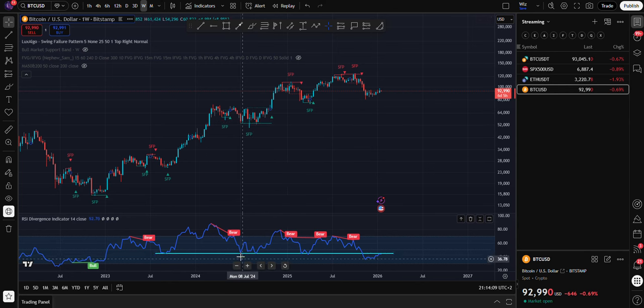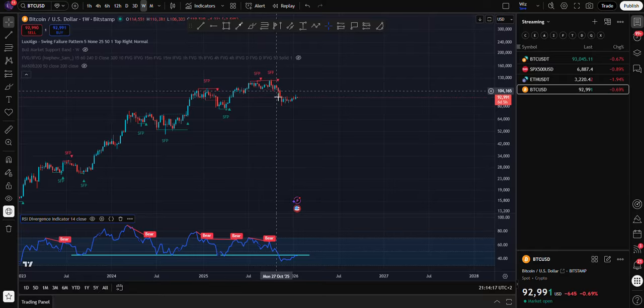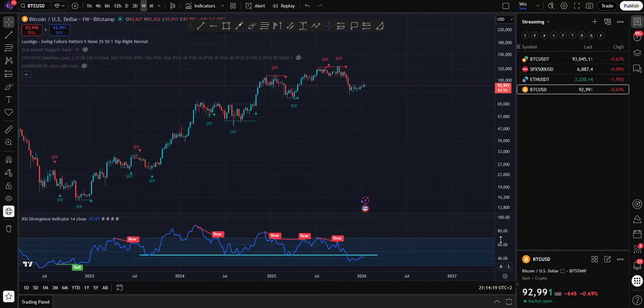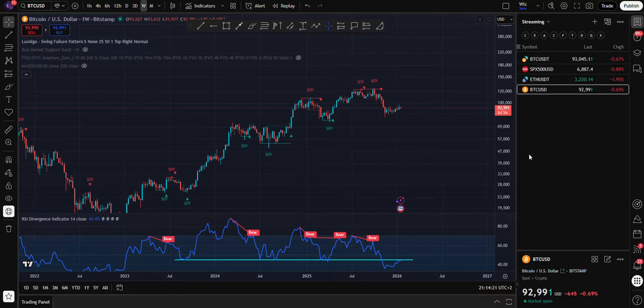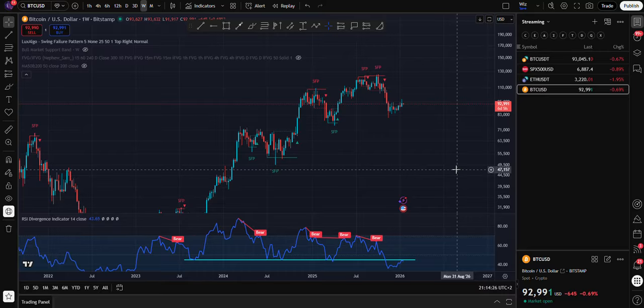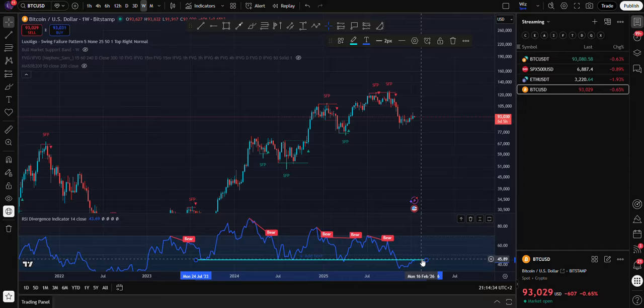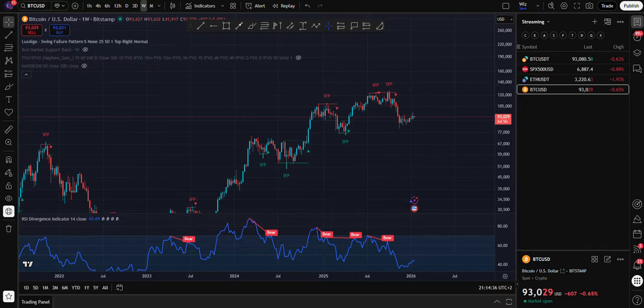Then we come here, we retest it, boom, up again. Here, bottom, retest again, and then up. Now we are retesting it from underneath, which is a bearish sign. So this was the third point that I wanted to talk about, the bearish thesis that I am currently looking at. And let's move on to the fourth one.